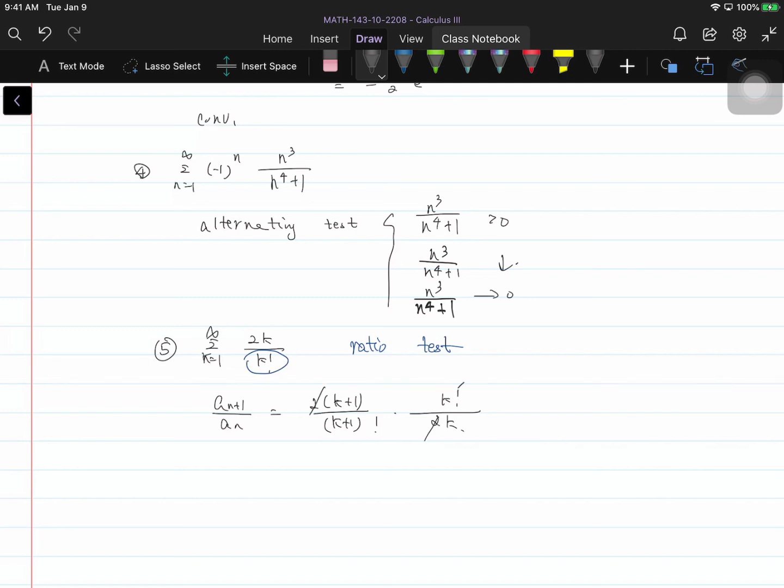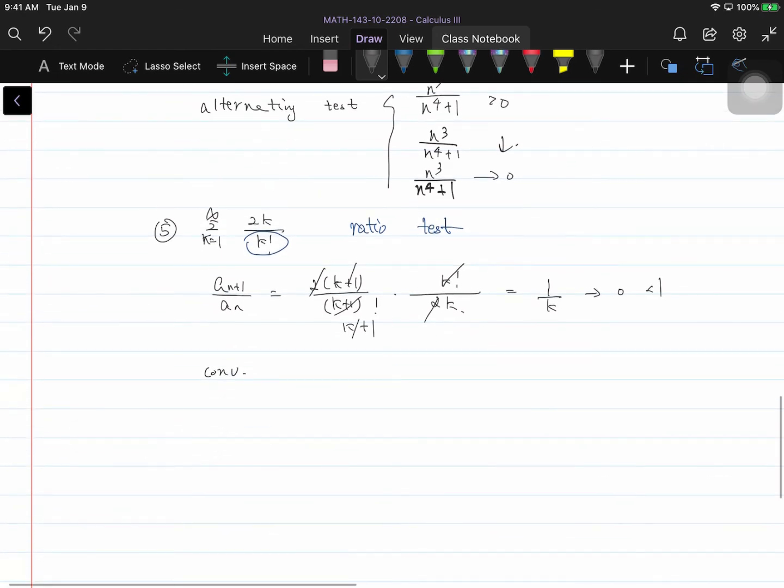The 2 cancels out, and k plus 1 is left, and then we cancel the k plus 1, so this is 2 over k plus 1. As k goes to infinity, the whole thing goes to 0, less than 1. Then by the ratio test, this series converges. So whenever we have a factorial, try the ratio test.